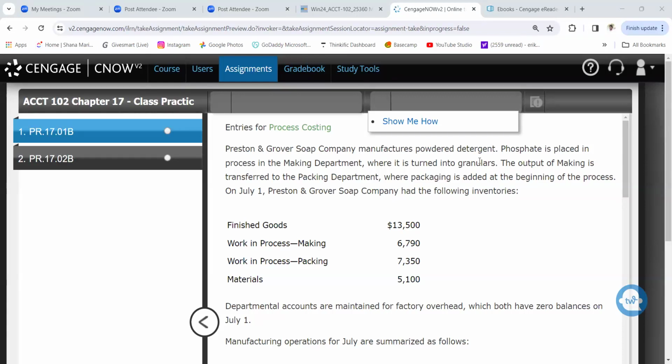So we're talking about Preston and Grover Soap Company, and they manufacture powder detergent. Phosphate is placed in processing in the making department where it's turned into granulars. The output of making is transferred to the packing department where packaging is added at the beginning of the process.